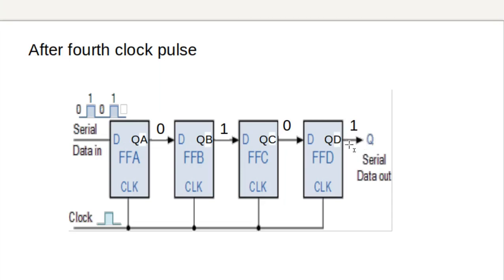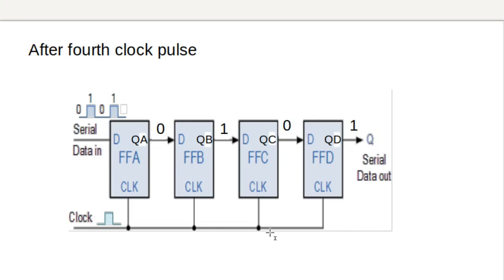So you can see the stored bit, that LSB of the input data stream, is already available here. You need to just read it out from this point, and this 0 is not available at the output. So if you want to make this 0 bit available at this output point, what we have to do is apply one clock pulse.